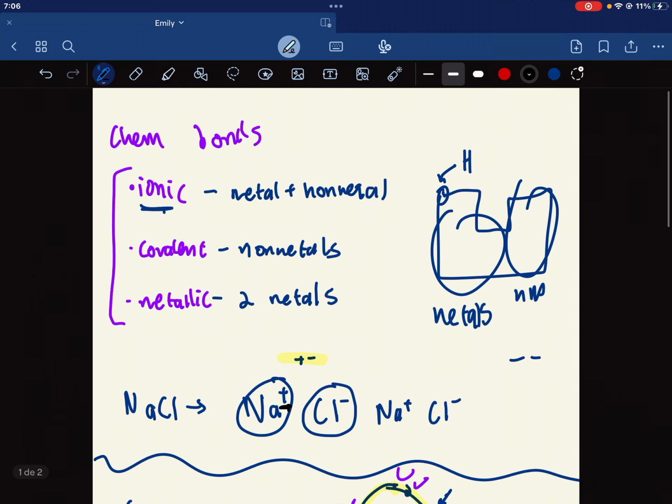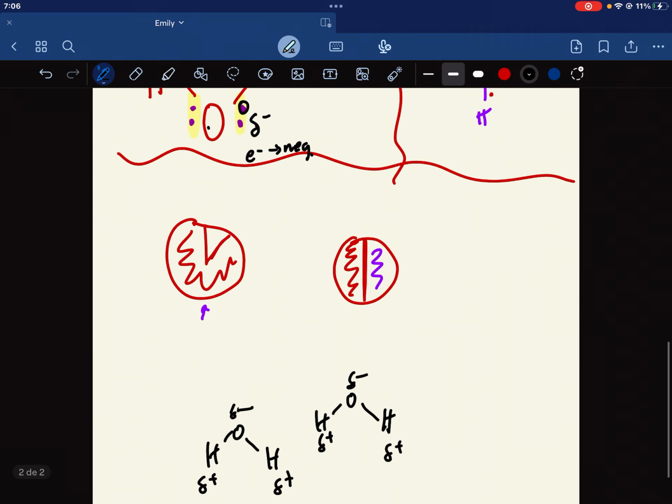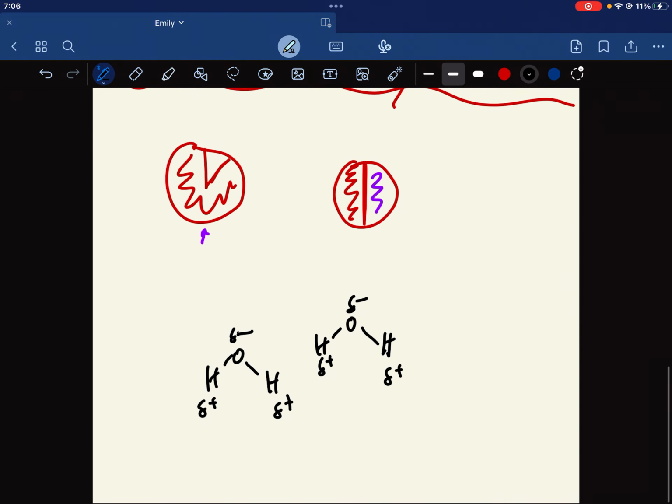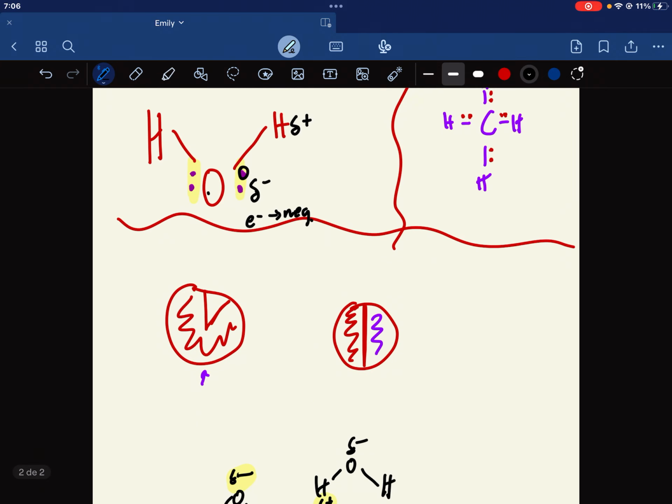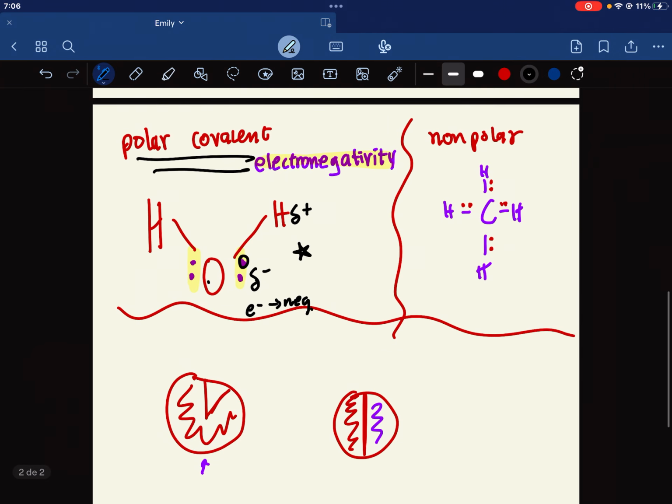Positives and negatives attract, and positives and positives, or negatives and negatives, like Elliot and Suzanne, repel each other. So anytime I have anything, even if it's only a little bit positive and a little bit negative, it's going to be attracted. When I have these partial positives and partial negatives, that's called a permanent dipole.